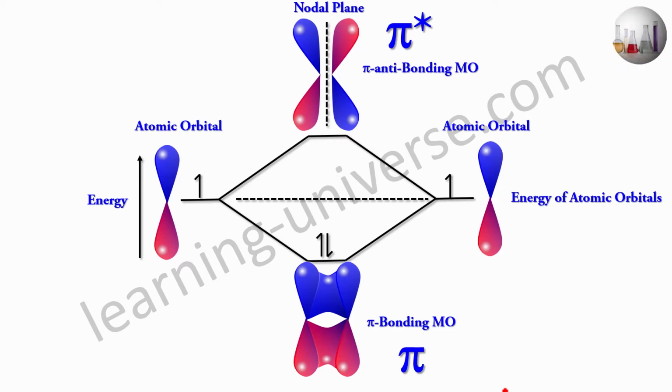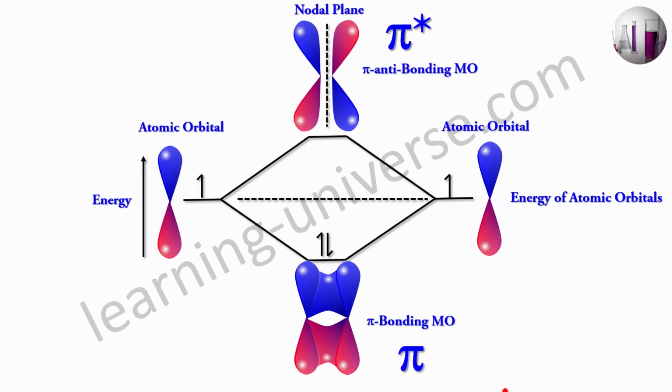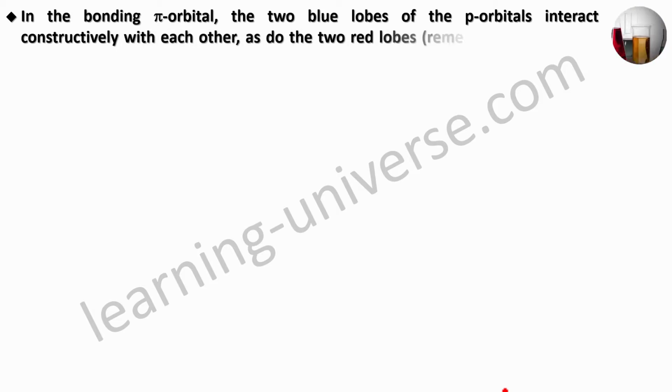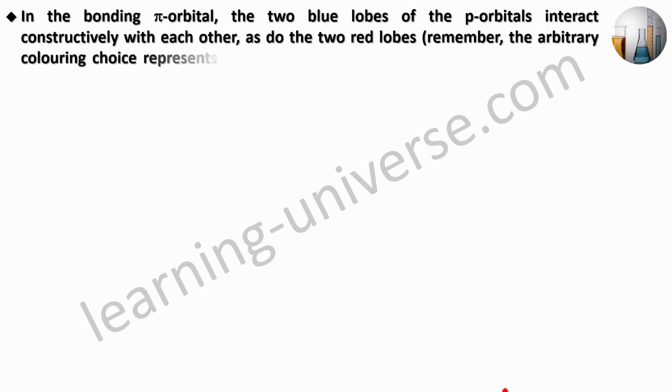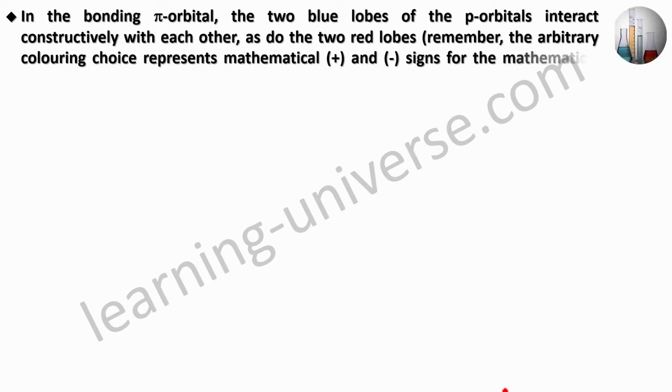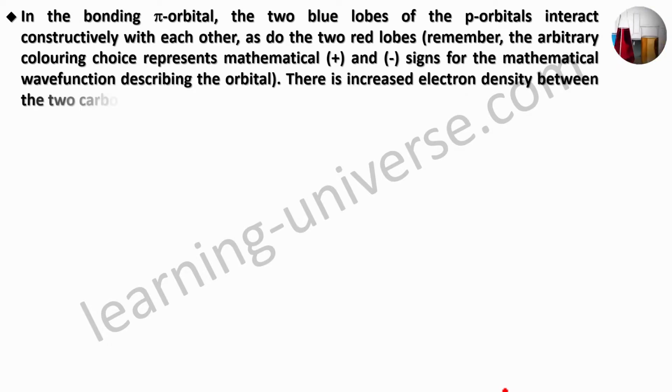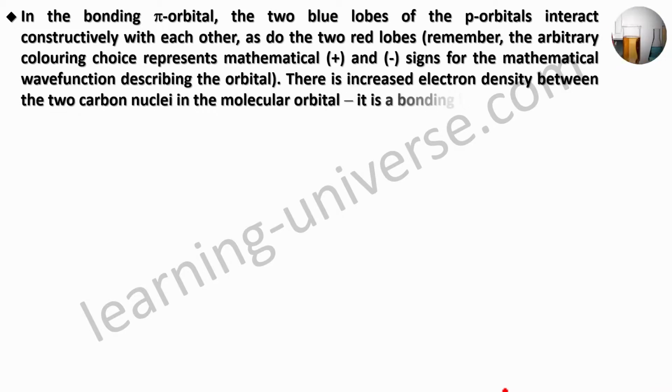Now in the bonding pi orbital, the two blue lobes of the p orbitals interact constructively with each other, as do the two red lobes. Remember, the arbitrary coloring choice represents plus and minus signs for the mathematical wave function describing the orbital. There is increased electron density between the two carbon nuclei in the molecular orbital. It is a bonding interaction.